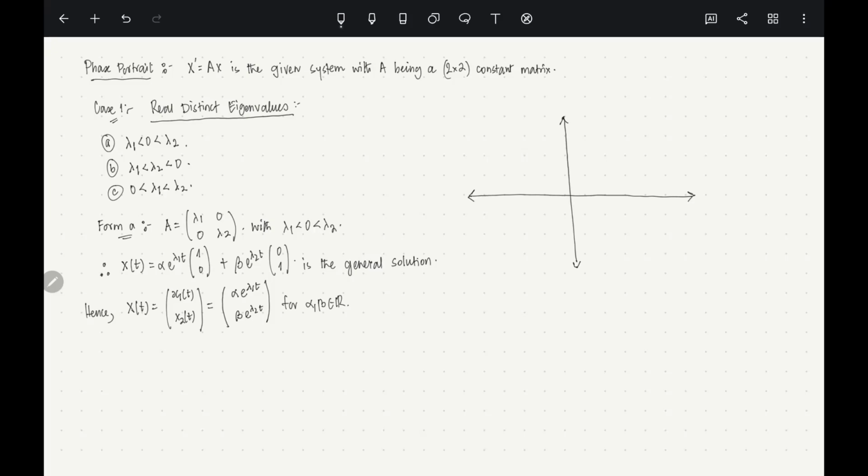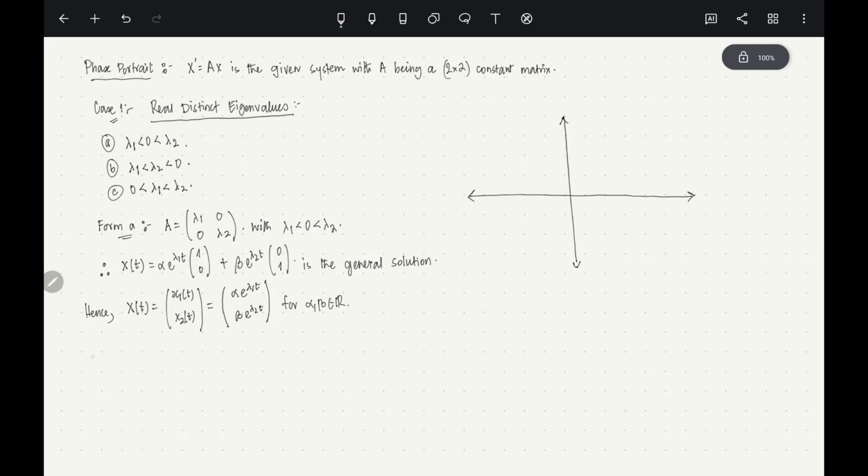So first of all, alpha and beta are real numbers. You have to understand, for this curve there is always an equilibrium. Any constant coefficient 2 cross 2 or 3 cross 3 homogeneous system, there is always an equilibrium point.